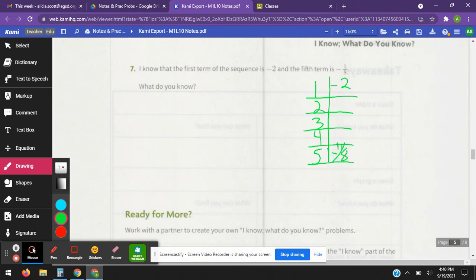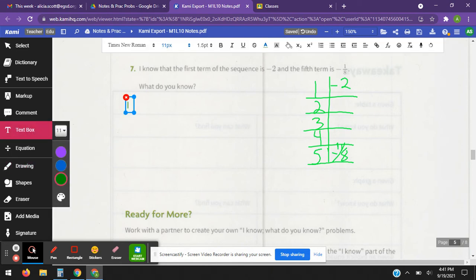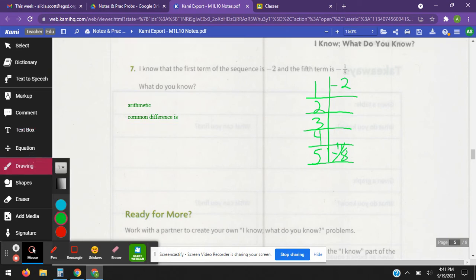So, do I know if this is arithmetic or geometric? I don't. So if we say this is arithmetic, I'm going to do this in green. Arithmetic. Common difference is, what would the common difference have to be?